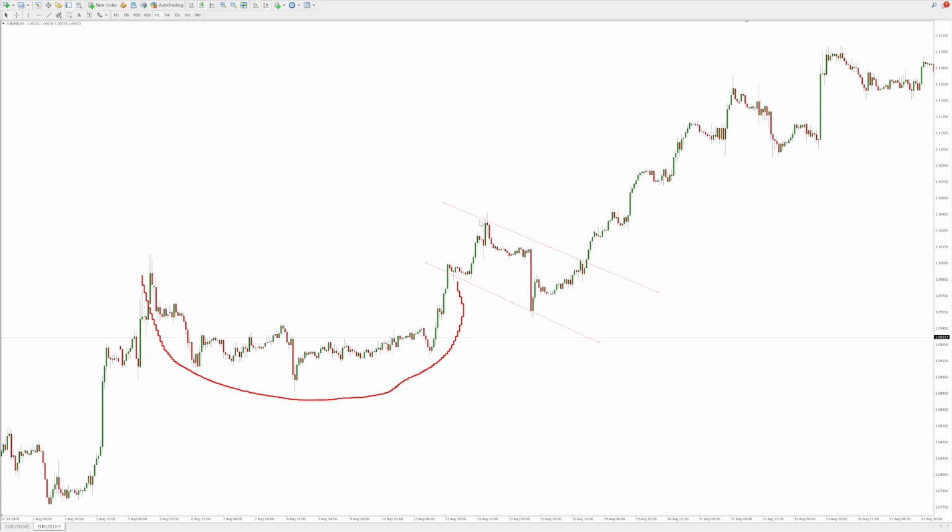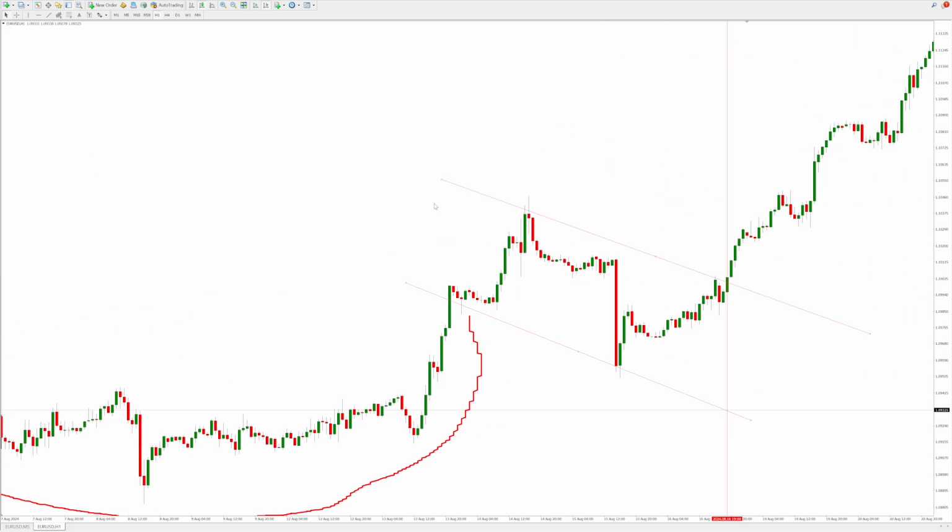What you're going to look for is to enter on this uptrend after the breakout of the handle, which happens here. You just mark that there, and you can see there may have been a few people watching this formation, as price did jump up quite significantly after this handle level was breached.